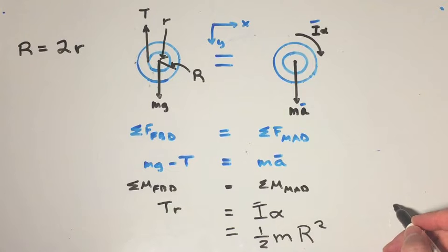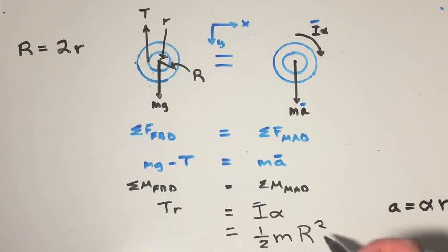Okay, now remember, the acceleration is equal to alpha times little r. So our alpha is going to be equal to acceleration divided by r.